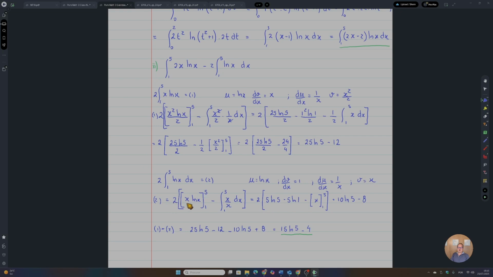So apply the rule. This is v times u, minus the integral of v du/dx times dx. This is just going to be 1, and the integral of 1 is just x. I'm just doing here the substitution, and here I have the final result for this part. So this minus that is this result minus that result, which is basically just this.